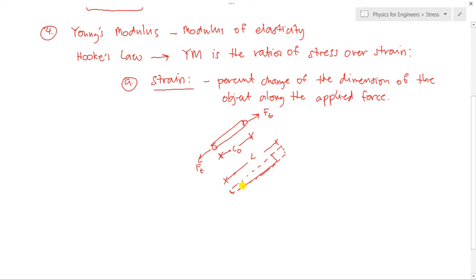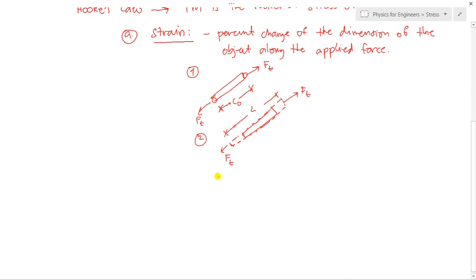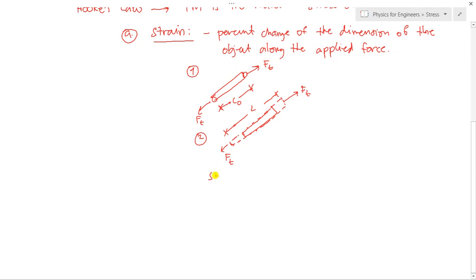Now the strain. This one is the first condition, and this is the second situation. So the strain, which is abbreviated by epsilon, is equal to the change in length or change in dimensions.